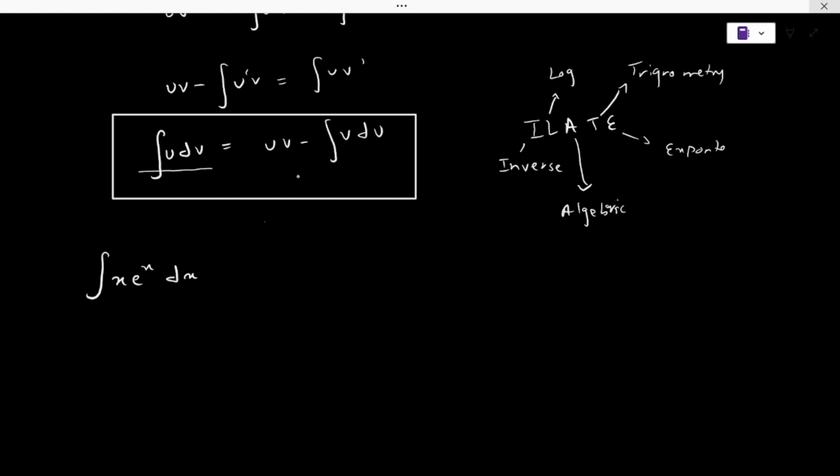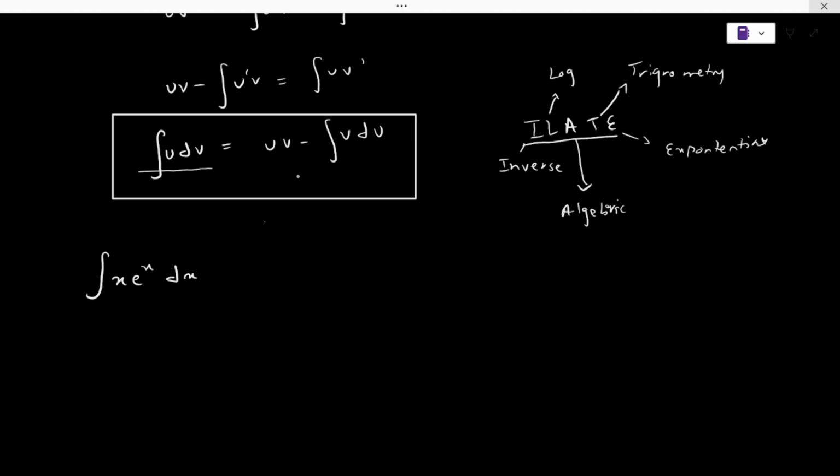This is because u is a term which we will be differentiating in our next steps, so we separate the harder part of the function to differentiate, so that we get the easier part to integrate, which is dv. In this example, we are making it easier using the LIATE trick.